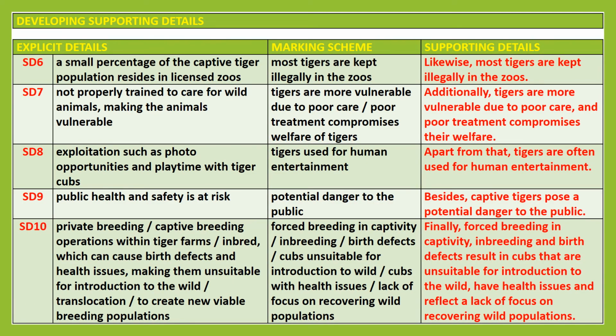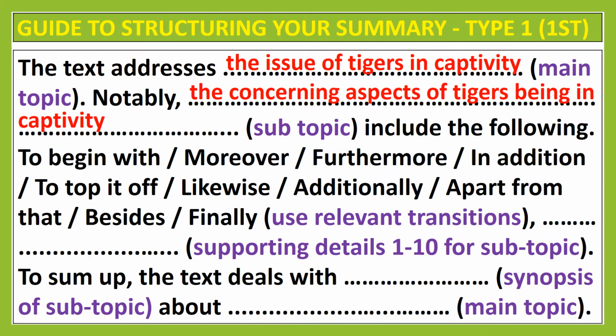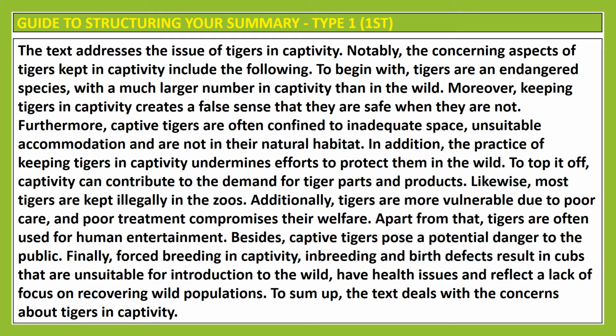Repeat the process to create at least 10 supporting details to support your argument. Start the conclusion with a phrase indicating the end of your summary, such as to sum up. Offer a single word summary of the subtopic. Reiterate the main topic. The final draft of your type 1 summary should follow this structure.